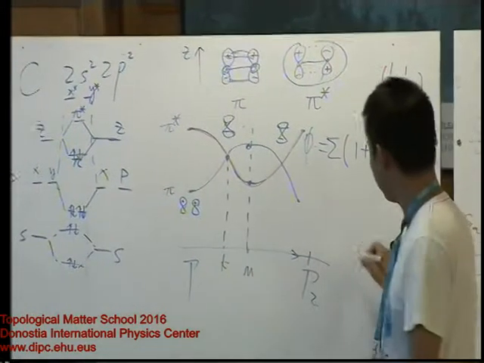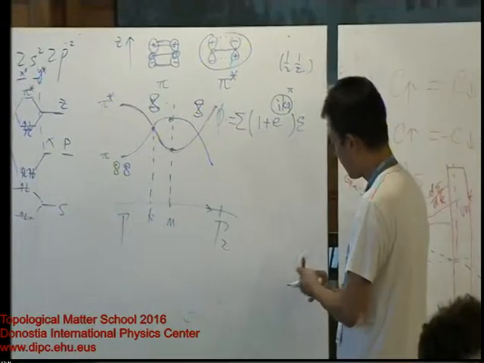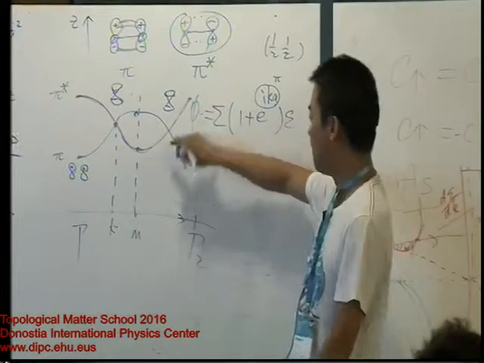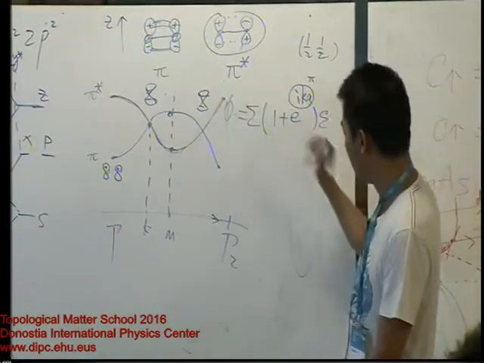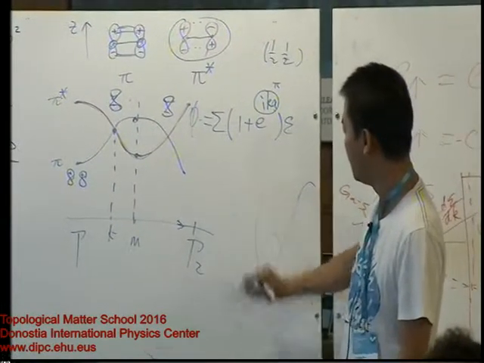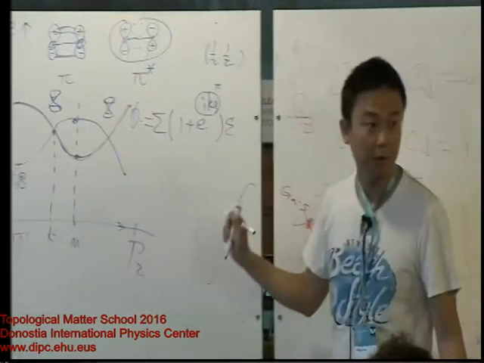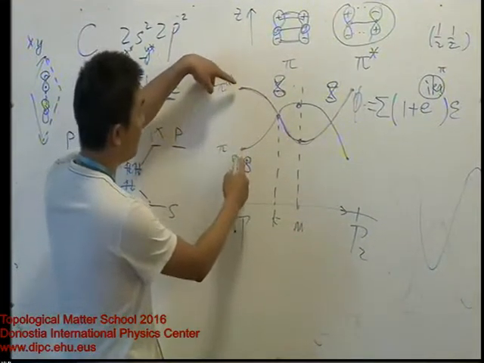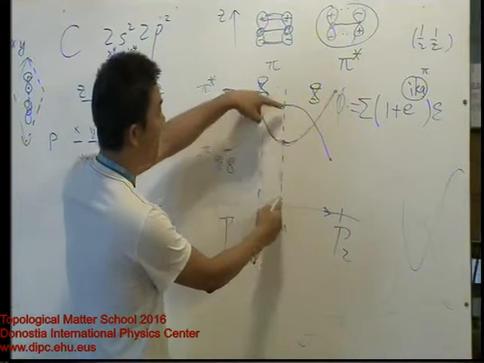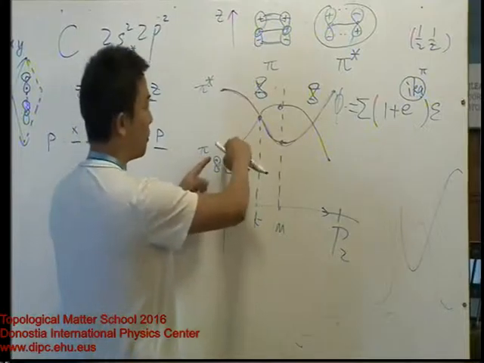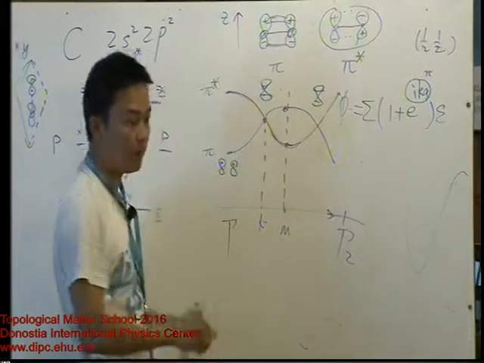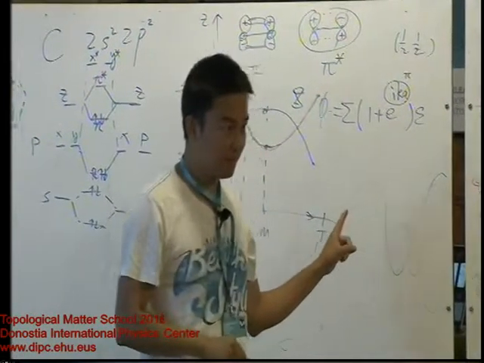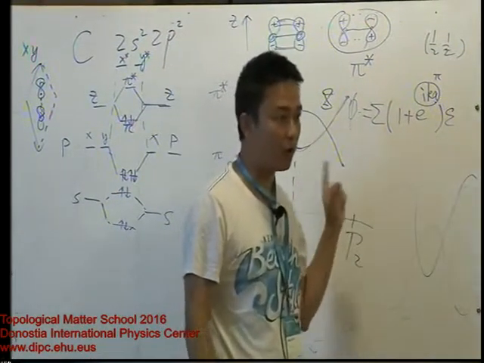That's two bands crossing. How much they cross and how it looks is just detail. But the most important information is that the band order at gamma and at the M point are opposite. For sure, here we have a band crossing. We have a band inversion here. And that means graphene has a band inversion. And this band inversion will have some consequence.